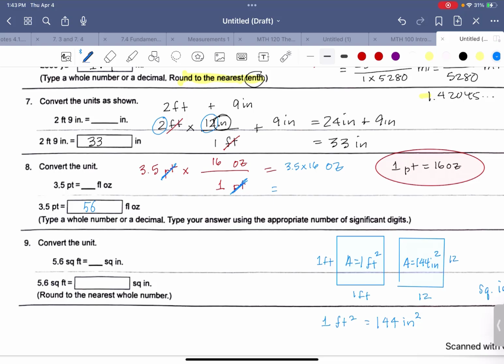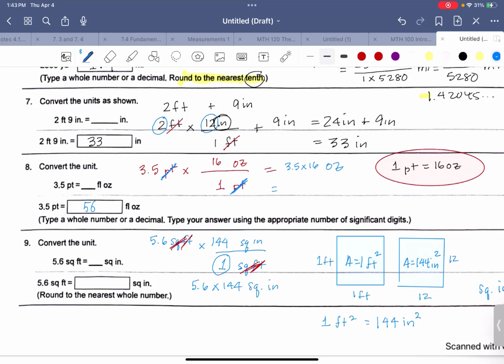So I'm going to take my 5.6 square feet. I'm going to multiply that because I'm going to get rid of the square feet and end up with square inches. 1 square foot is 144 square inches. That allows me to reduce the square feet, and my answer will be 5.6 times 144, and of course it's over 1, so I don't need that, and now we'll be in square inches.